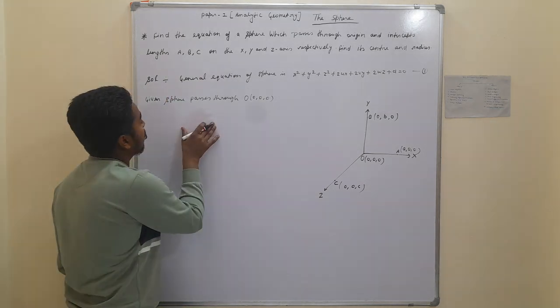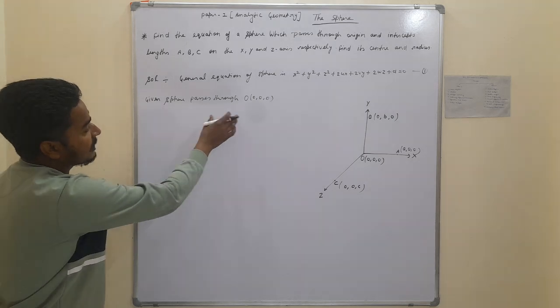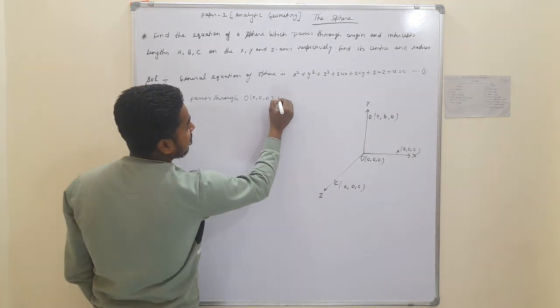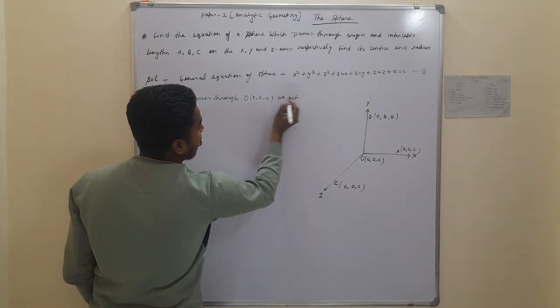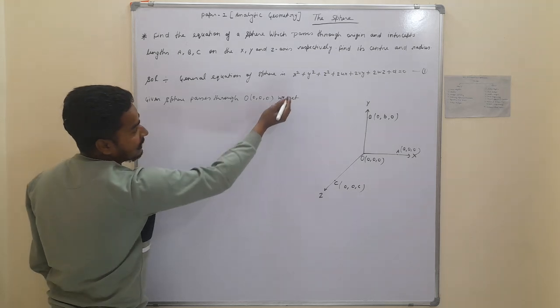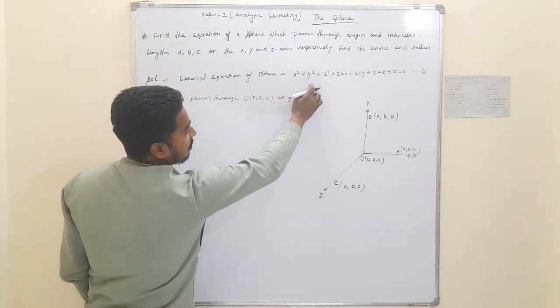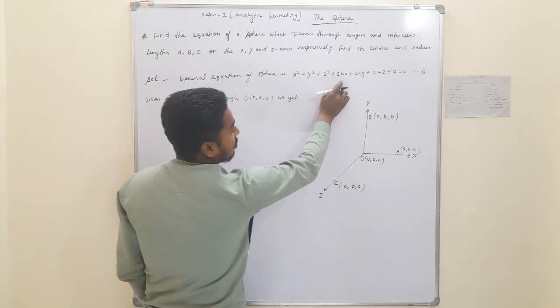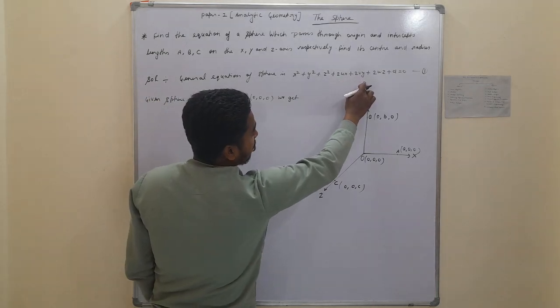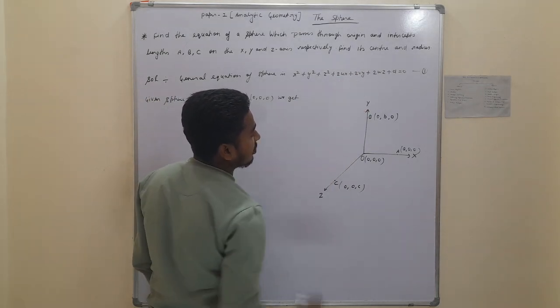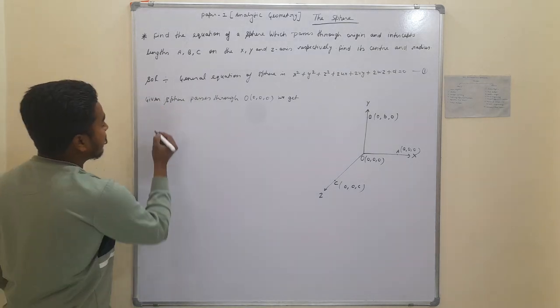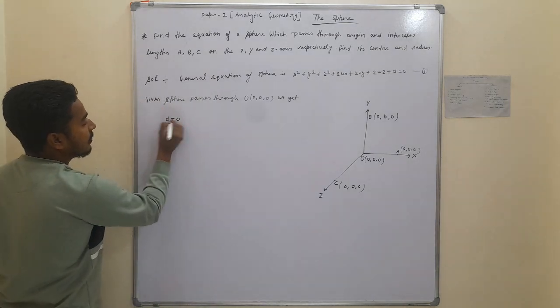Since the sphere passes through the origin, we put x is 0, y is 0 and z is 0. Here 2ux, 2vy and 2wz are all 0. From here we get d is equal to 0.